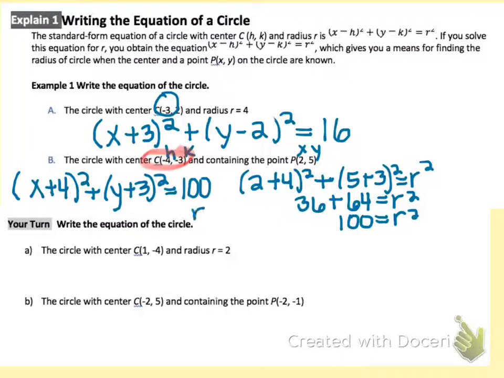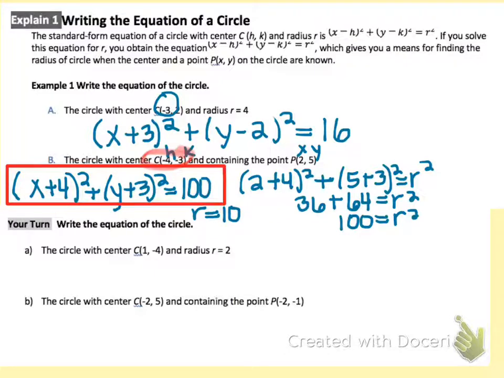The radius is 10, but the radius squared is 100, and so there's our equation for our circle right there.